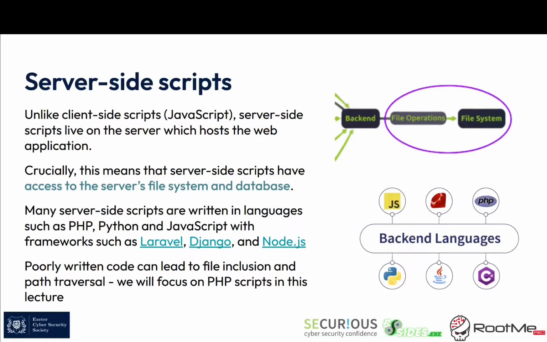A lot of server-side scripts are written in languages like PHP, Python, and JavaScript. You might have heard of some of the frameworks here, like Laravel, Django, and Node.js. Poorly written code in these server-side scripts is what really leads to file inclusion and path traversal vulnerabilities. But for this lecture, I've just focused on PHP scripts because that's the most common one.